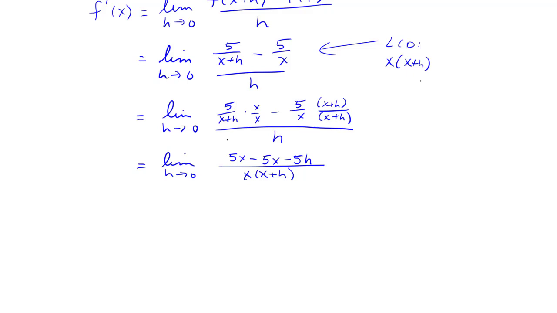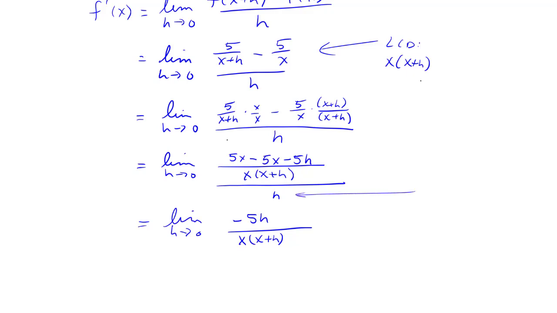And this is all over h. So if we clean that up a little more, the 5x minus 5x is going to go away, minus 5h over x times x plus h, and then this h in the denominator.